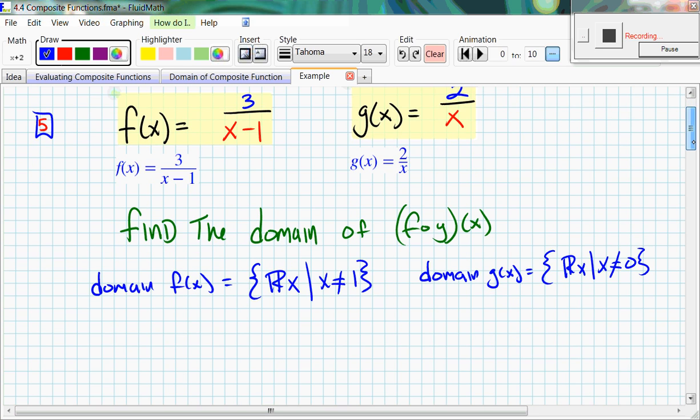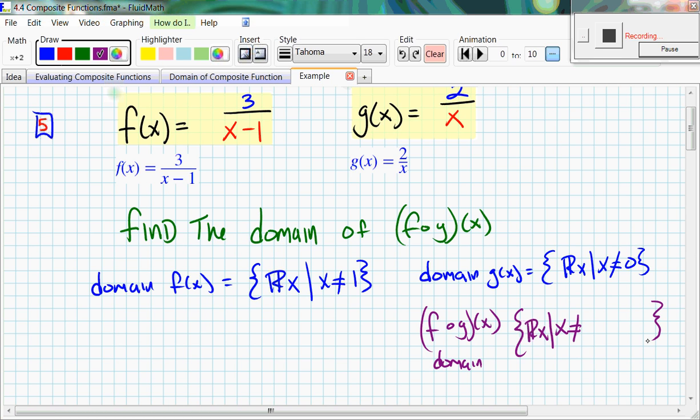Okay. And it's asking me what's the domain of f of g of x. So I'll write that over here in purple. F of g of x, right? It's going to be all real numbers x such that x is not equal to, okay?